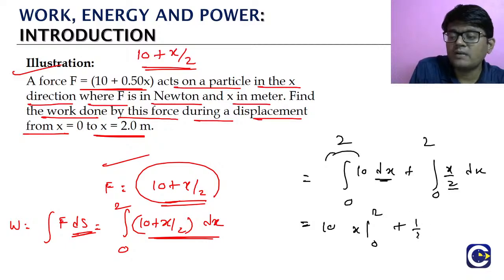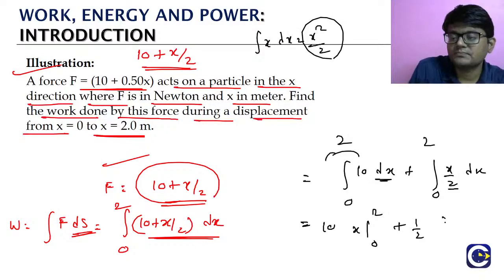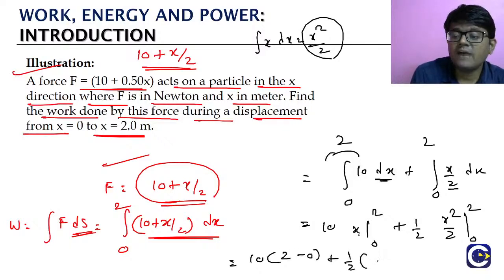Here half will come out. Integral x dx is x square by 2, correct? So x square by 2 with limits 0 to 2. Now, 10 into the final limit 2 minus the initial limit 0, plus half into x square by 2. The final limit is 2 square by 2.